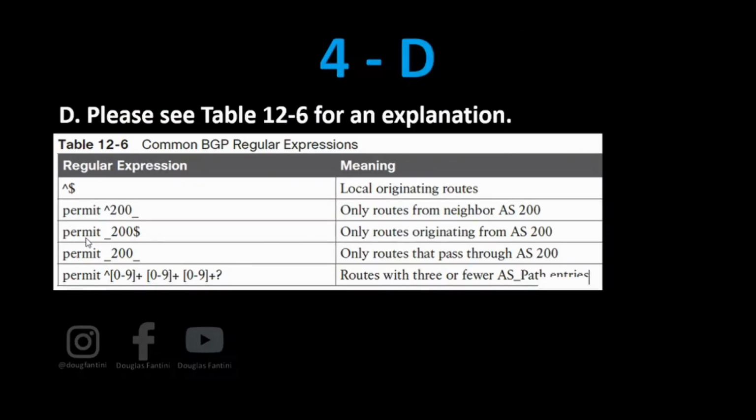For you to write your ACL: permit, underscore, the AS number, and the dollar sign. Only routes originating from this AS number, which you typed in the middle of the command. For example, here in the middle of the line of your ACL, okay?